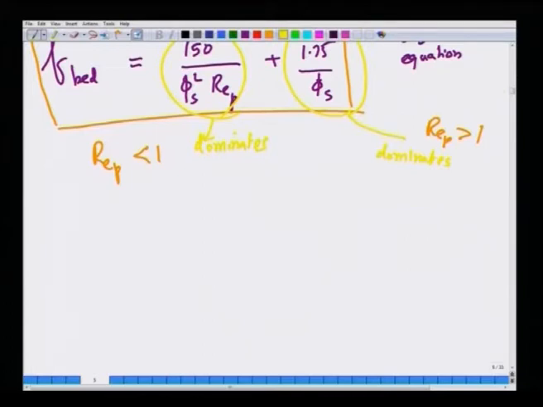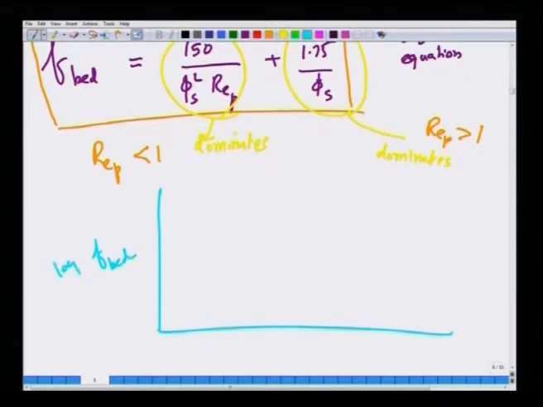So, if you plot the experimental data, log F bed versus log Reynolds number based on particle, okay, you have the reality to be like this. Okay.